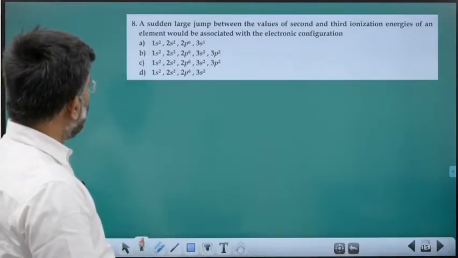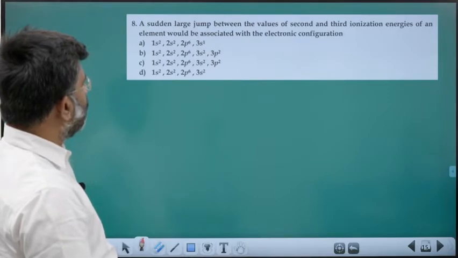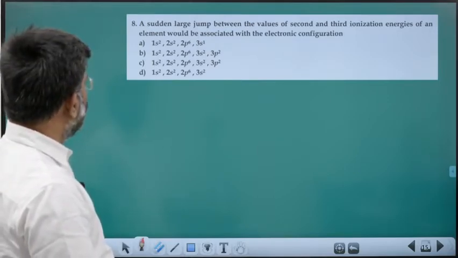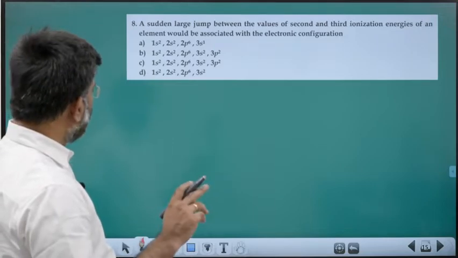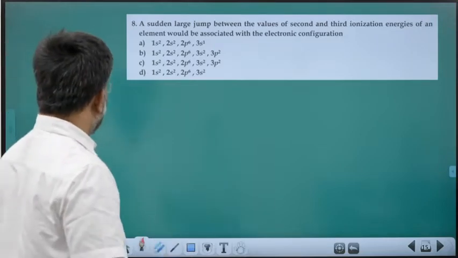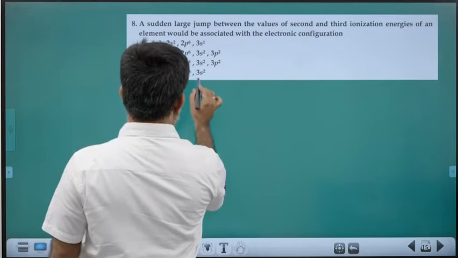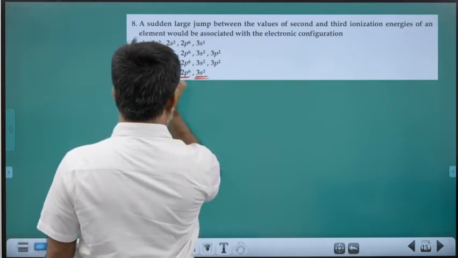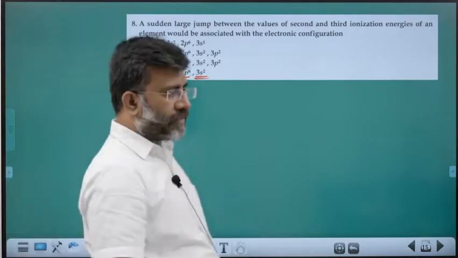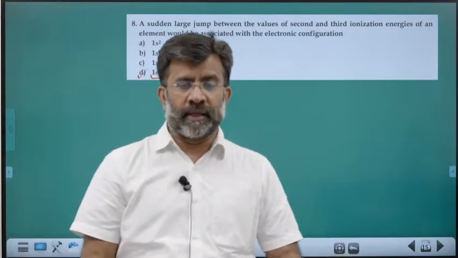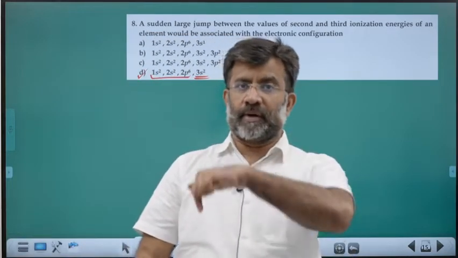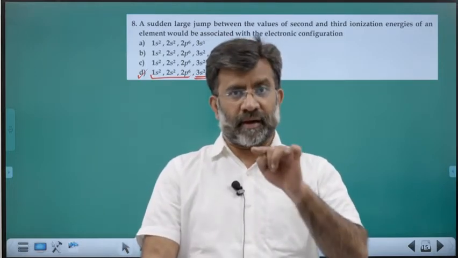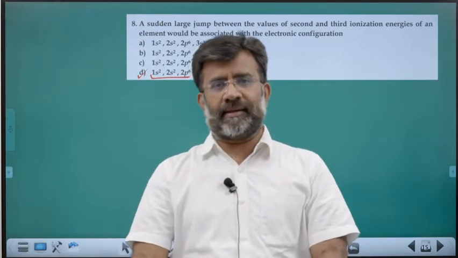A sudden large jump between the values of second and third ionization energies would be in second and third, large jump. Option D. After removal of these two electrons, the third electron lies in the noble gas core. And it is tough to remove. So there will be a large jump between second and third.